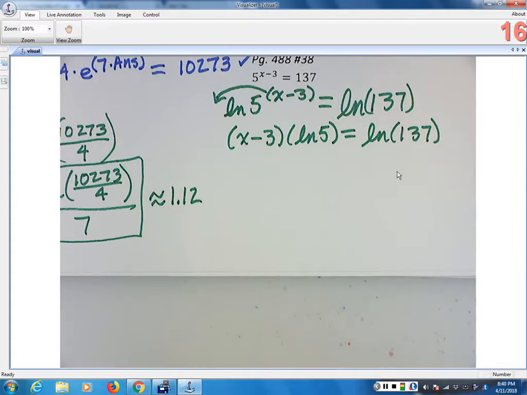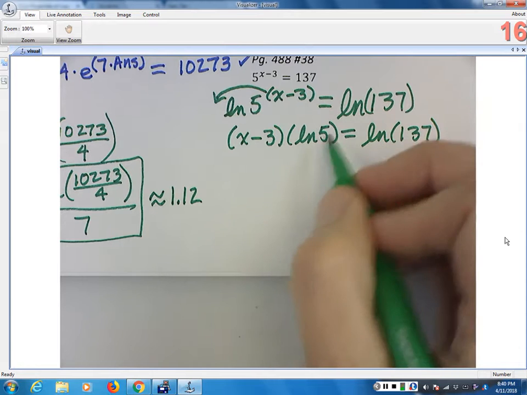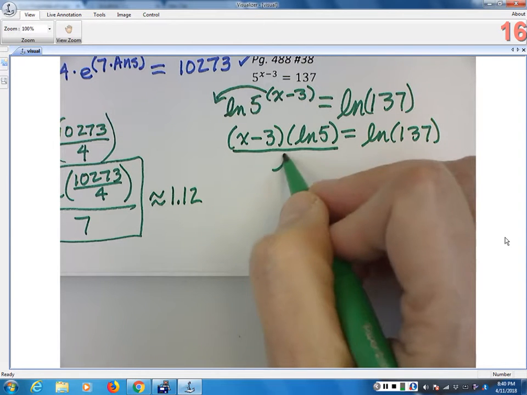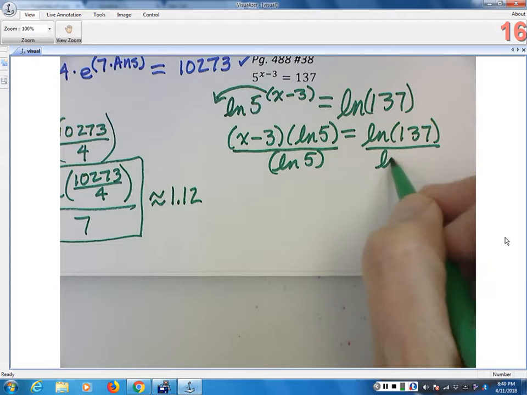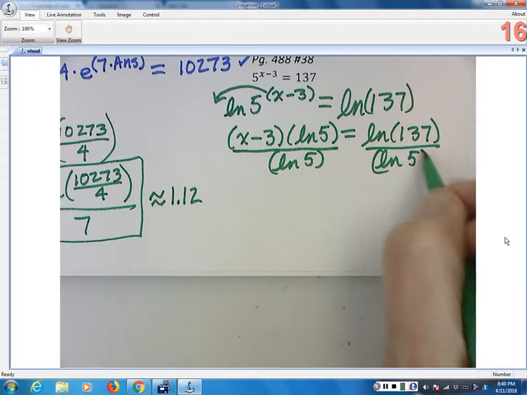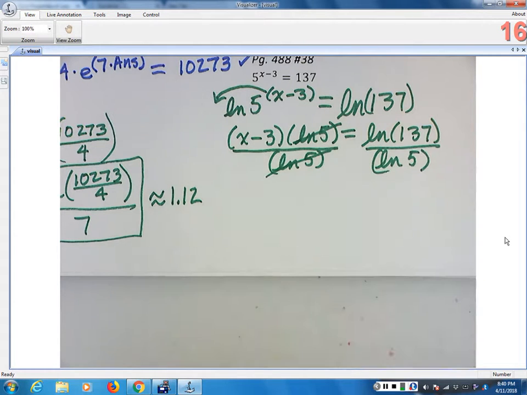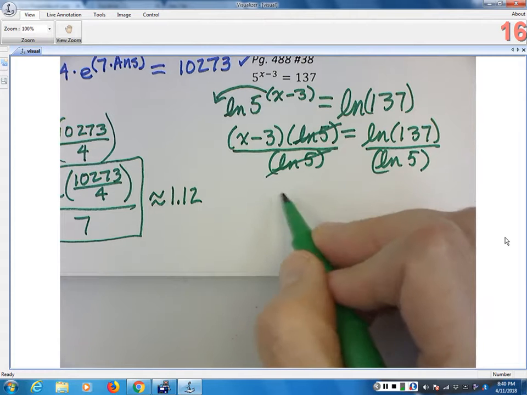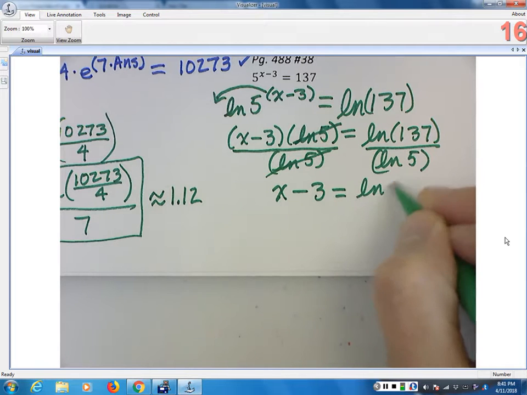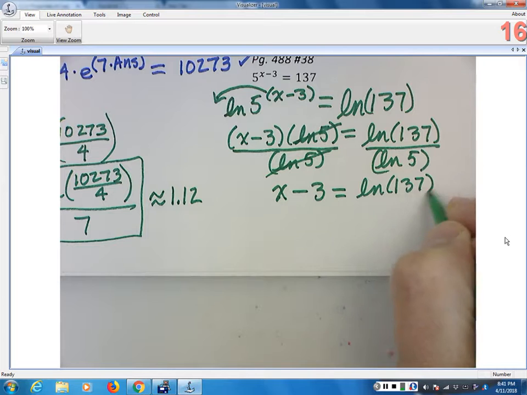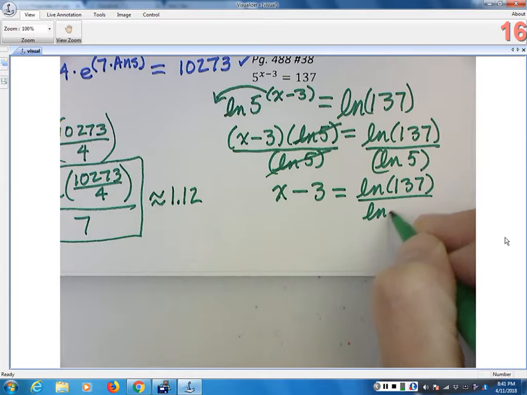Okay, earlier today I made the mistake of doing this problem the hard way. The easiest way here is, this is a constant. Go ahead and divide it out on both sides. And then you have x minus 3 equals natural log of 137 over natural log of 5.